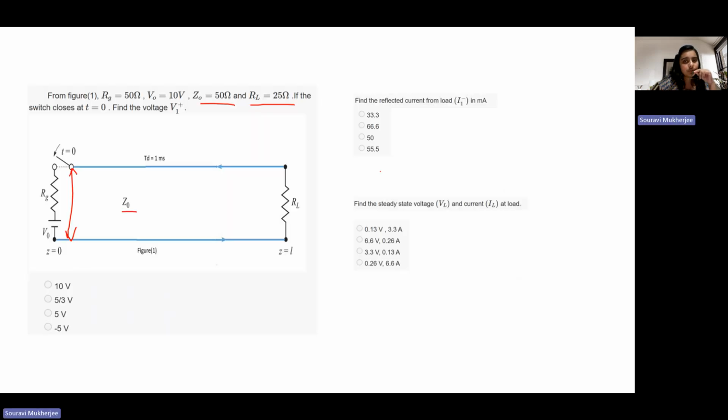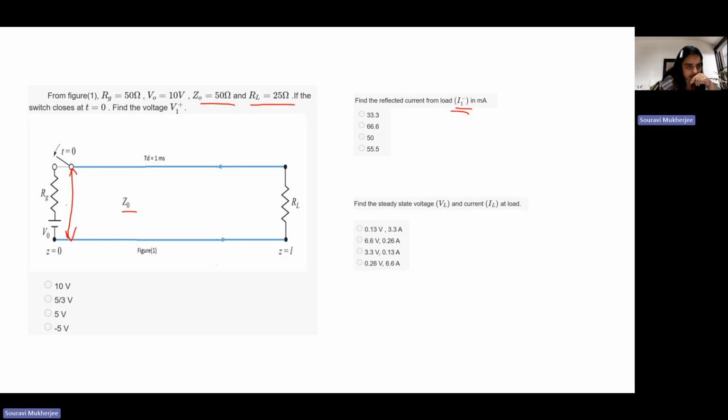So if you know the reflection coefficient, which is nothing but the ratio of the reflected voltage to the incident voltage, from there you can find the reflected voltage. Now, this is important. It is asked what is the current from the load, but it is given as I1 minus.